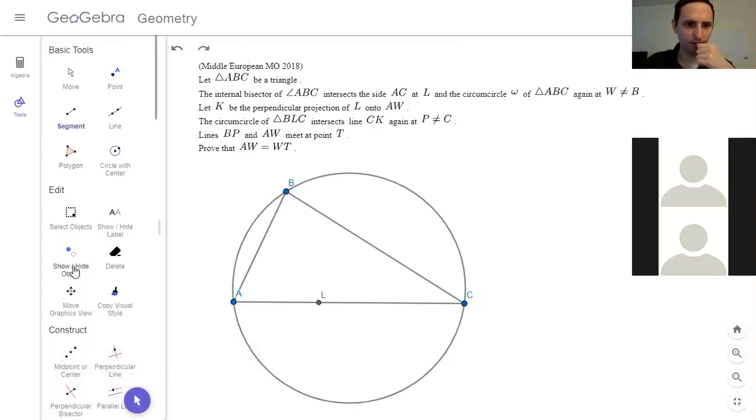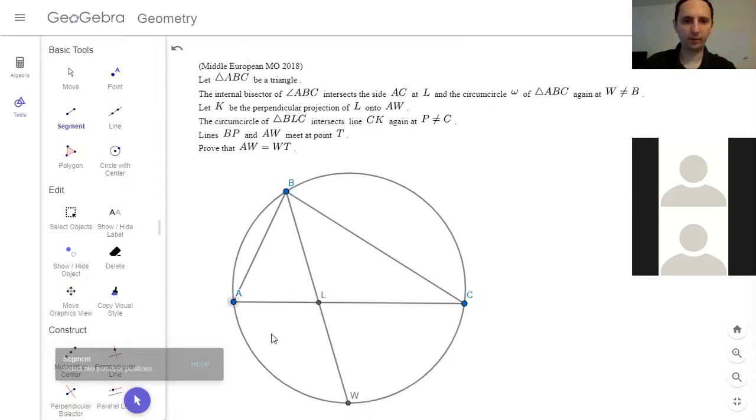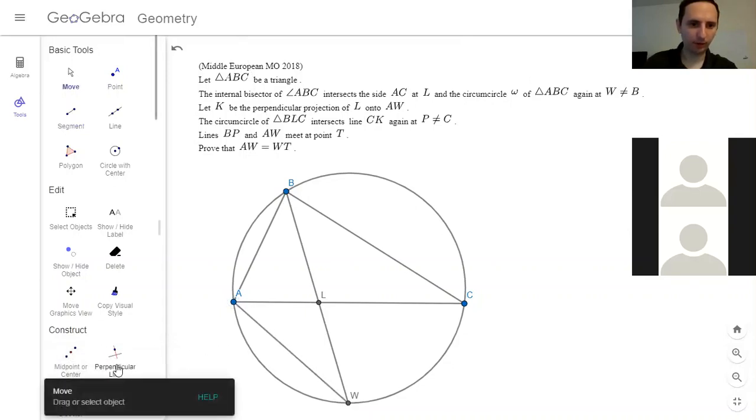Oops, sorry. K is the foot of the perpendicular from L onto AW. Oops, sorry.